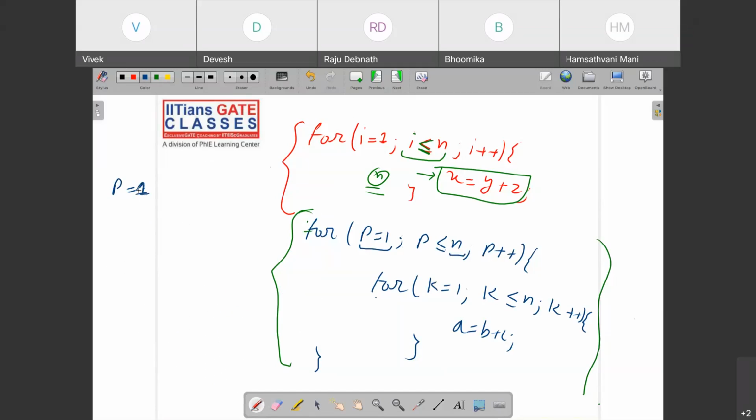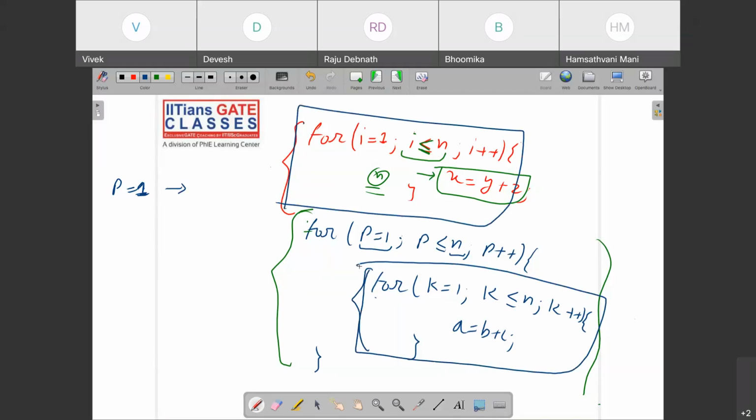So when the p value is 1, how many times does this loop, the inside loop, execute? It executes because you have answered this for loop, right? That is why I'm considering that you can answer this for loop also, right? So when p equal to 1, the inside for loop is executing, I am talking about this line, okay?